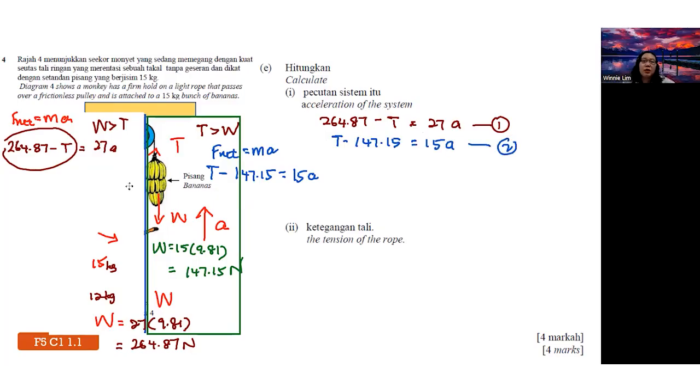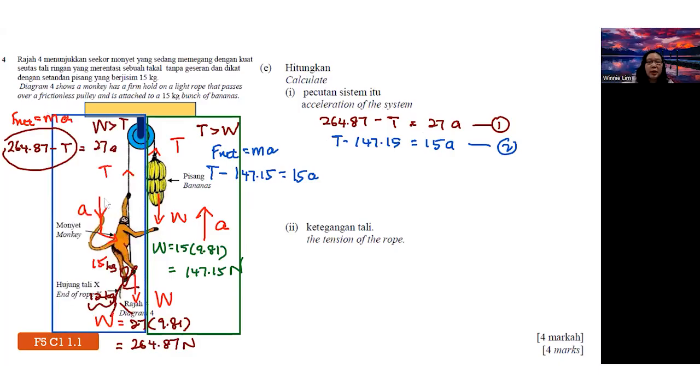The moment I finish forming both equations, you have two unknowns, right? And you have two equations. So you can solve it by using simultaneous equations. Or you can do substitution or elimination, up to you, as long as your maths is good and at the end you have the correct final answer.